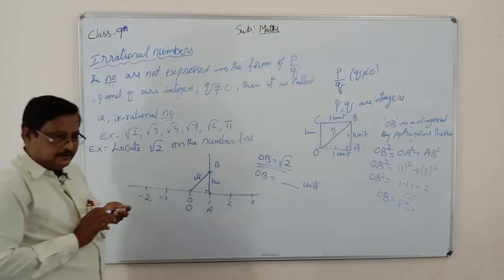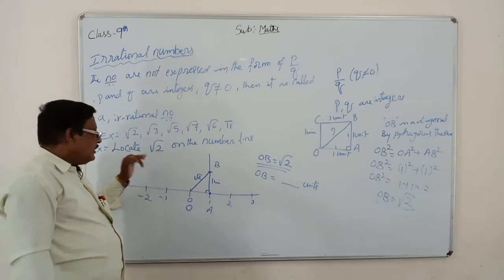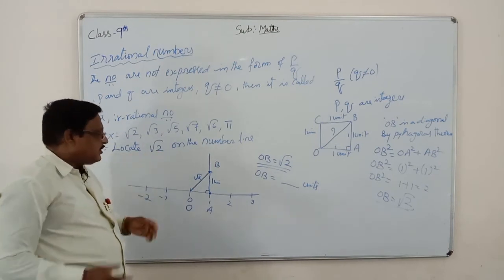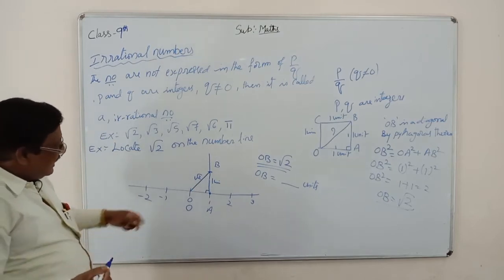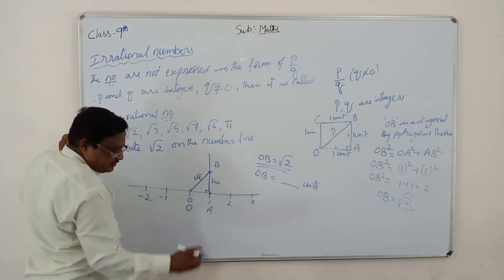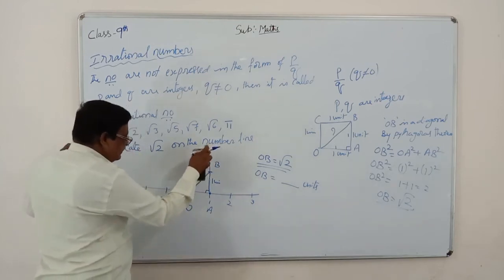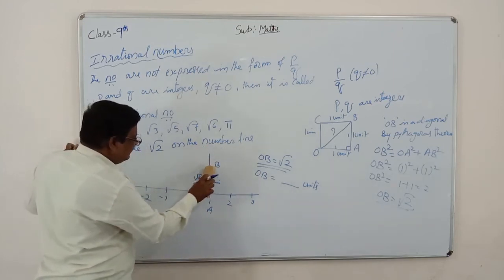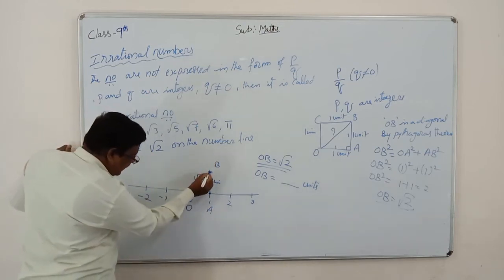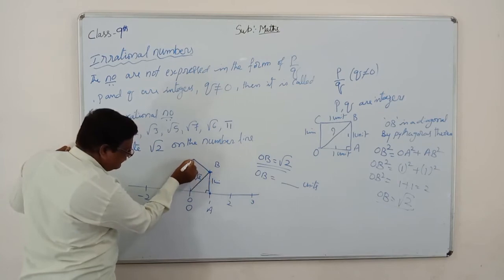Measure and write. Suppose you are to locate the square root of 3 on the number line. See, locating the square root of 3, you see here, the square root of 2 is already there. Next, from this point, you draw a 90 degree line.